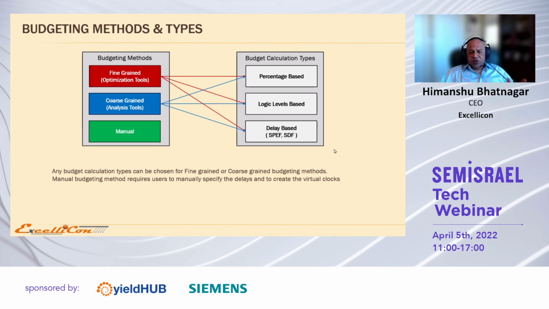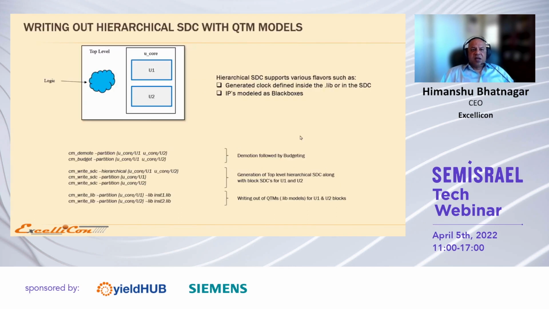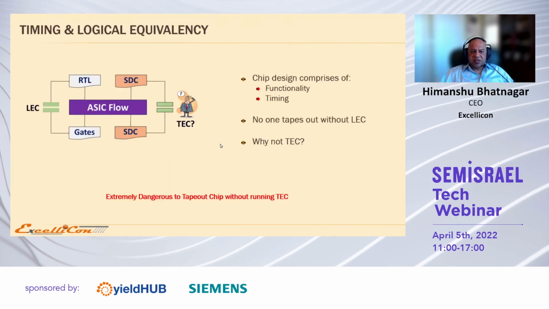This way, once you do the budgeting and write out the SDC, you have a significantly good chance of timing closure, and your power is also going to be managed nicely, because you're not over-optimizing the boundary interfaces. This is another example of how you write out a hierarchical SDC with the .lib models. You can do the demotion and budgeting first, then you simply write out the SDC.